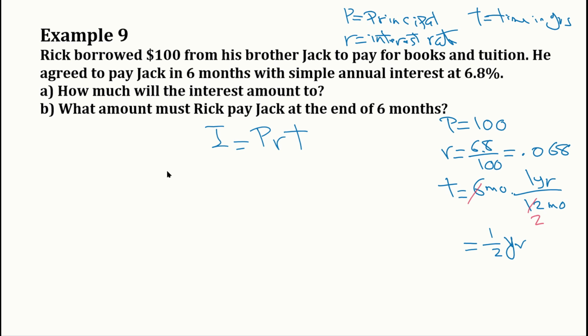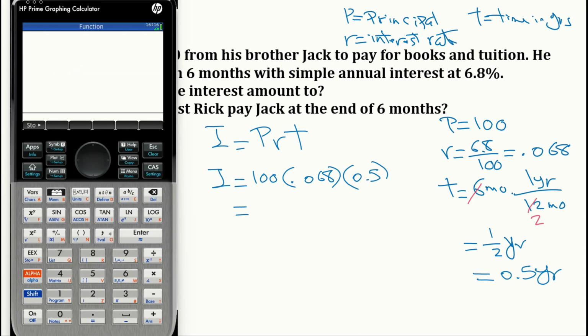So we end up with I equals 100 times 0.068 times a half, which is the same as 0.5, right? All right, so let's go ahead and plug all that into a calculator.